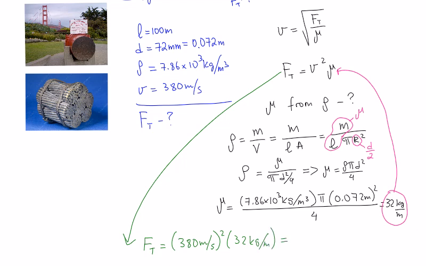If you punch this into your calculator, you'll get 4.62 times 10 to the 6 newtons. Wow, that's about 4.6 million newtons. To compare, to understand the amount of force, one falling apple is about 100 newtons, the weight of an average apple.